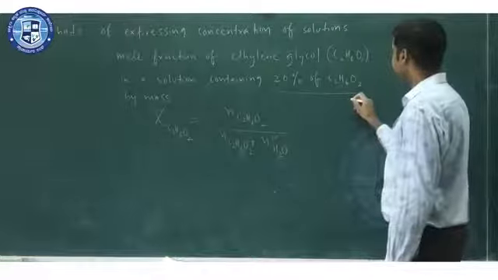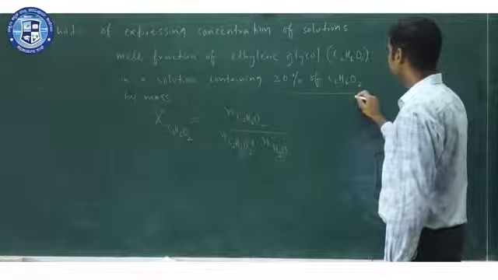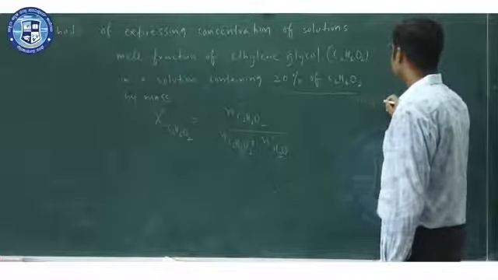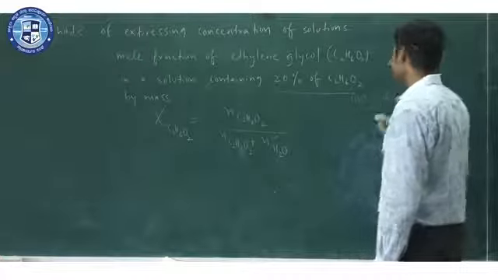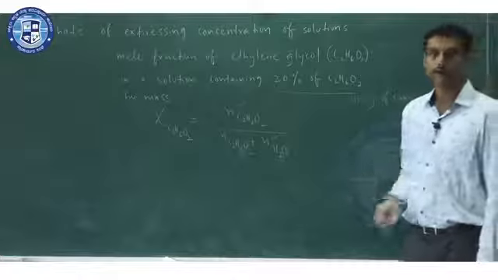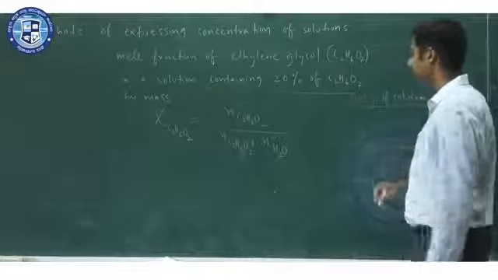Hence, let me consider a hypothetical case, an imaginary case wherein 100 gram of solution is taken. I might take any mass, I might take 10 grams or 50 grams or whatever, but for the sake of convenience, let me take 100 grams.